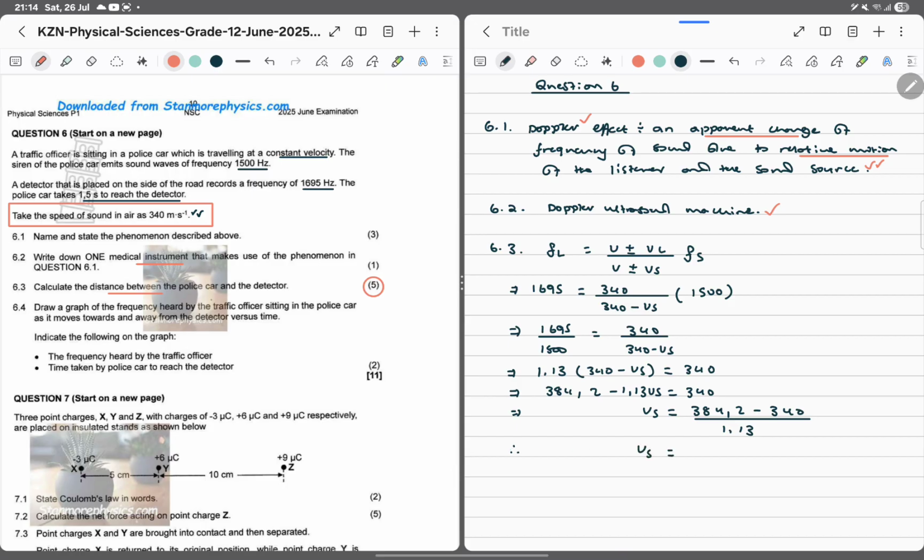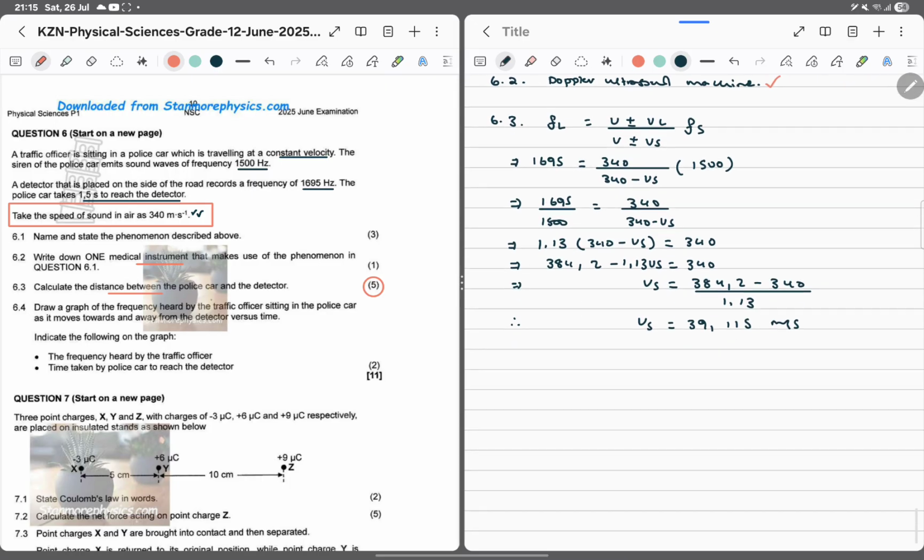Therefore, the velocity of the source, we subtract 340. Of course, guys, there are many ways of dealing with this calculation, but I just chose to do it this way. This one is 39,115 meters per second.